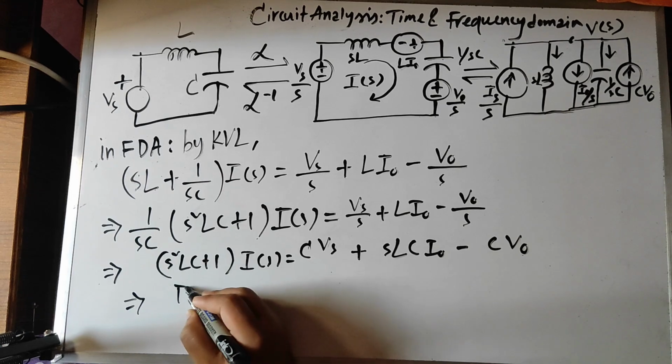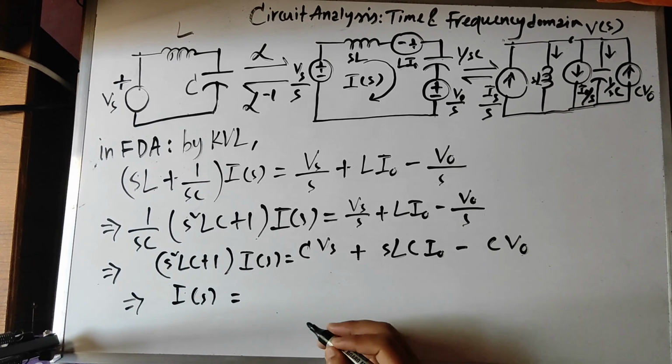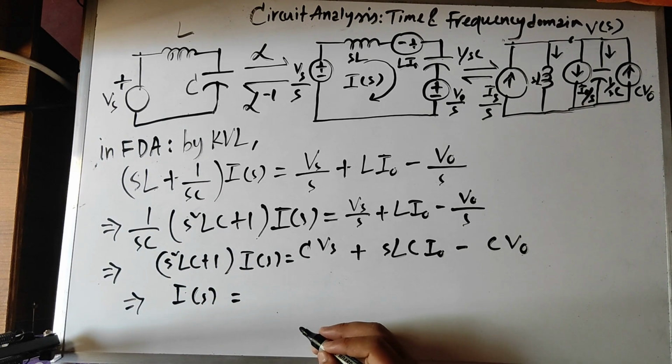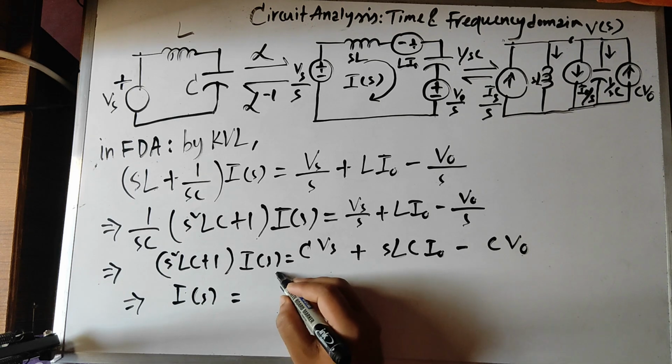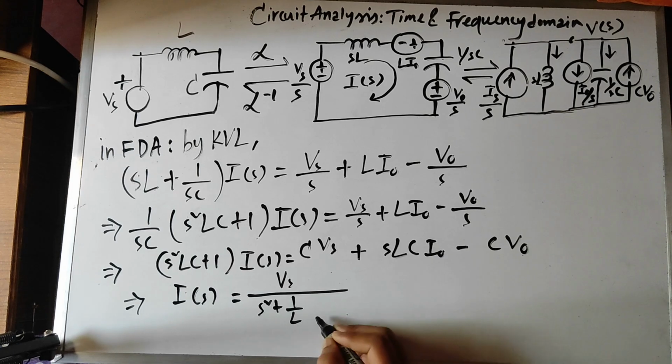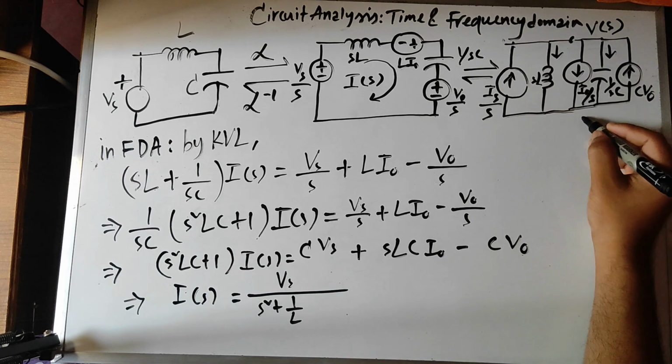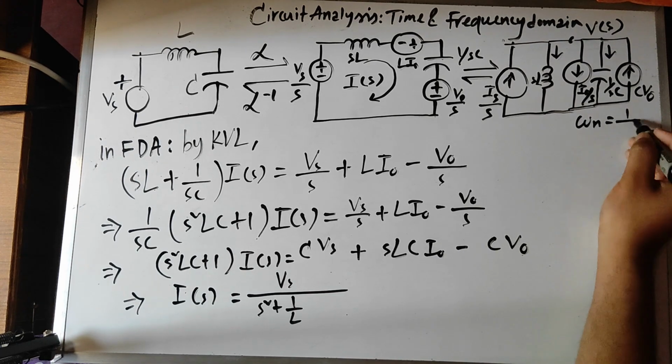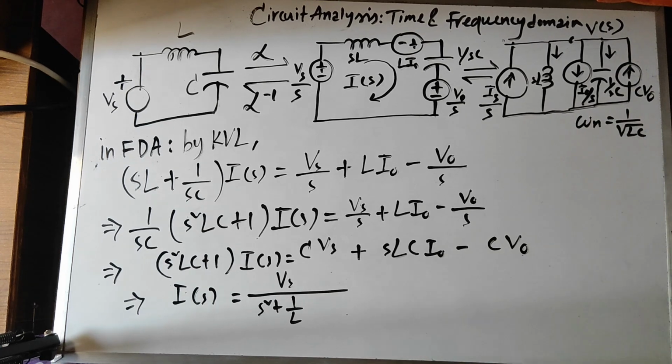This gives us Is = Vs/S² plus 1/LC, so we are going to assume omega n is 1 by root over LC here too.